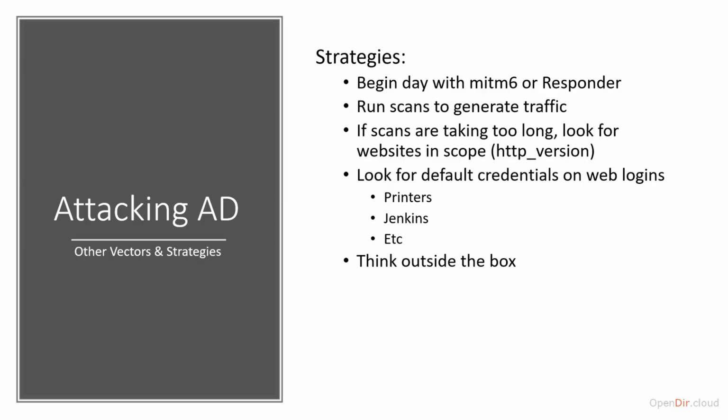I want to see if anything responds to HTTP version. When I send out an HTTP request from my computer, I want to see if anything else responds to that. And that's going to be less likely to get picked up because you're making traffic on 80 and 443, which is very common, right? As opposed to port scanning every single device in the network, which is going to get picked up pretty easily by a good SIEM.